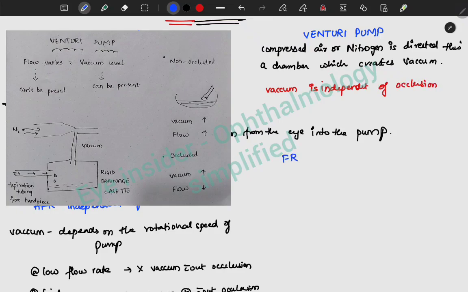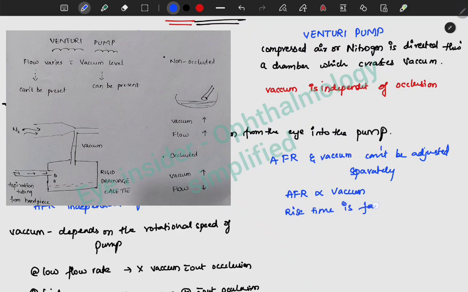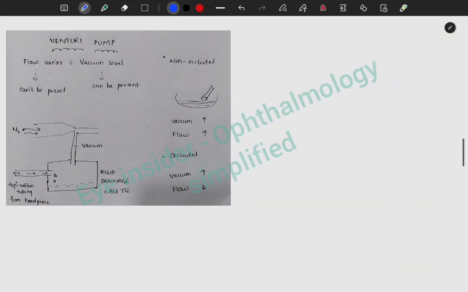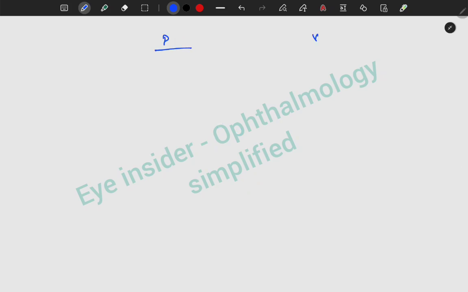With the help of the foot pedal we can set a vacuum level, and AFR and vacuum cannot be adjusted separately. We can adjust the vacuum but not the AFR. AFR is proportional to vacuum and the rise time is faster because the vacuum level is reached even without occlusion.